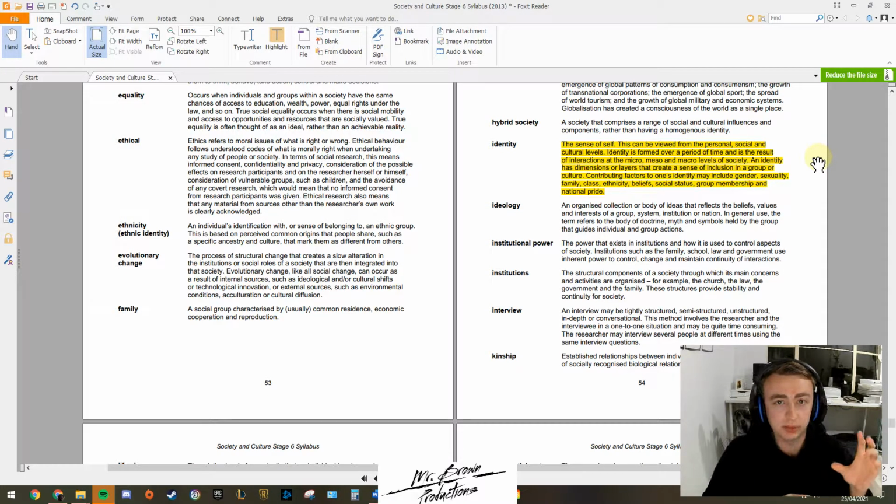So you might be very different in a social group, and your social identity might be very different to your personal identity. I know for me, this is definitely true. So my personal identity and what I'm like at home with my wife and dog and close friends is very different to my social identity when I'm out and engaging in the community, when I'm at work, at school, with you guys. And there's also this concept of cultural identity as well.